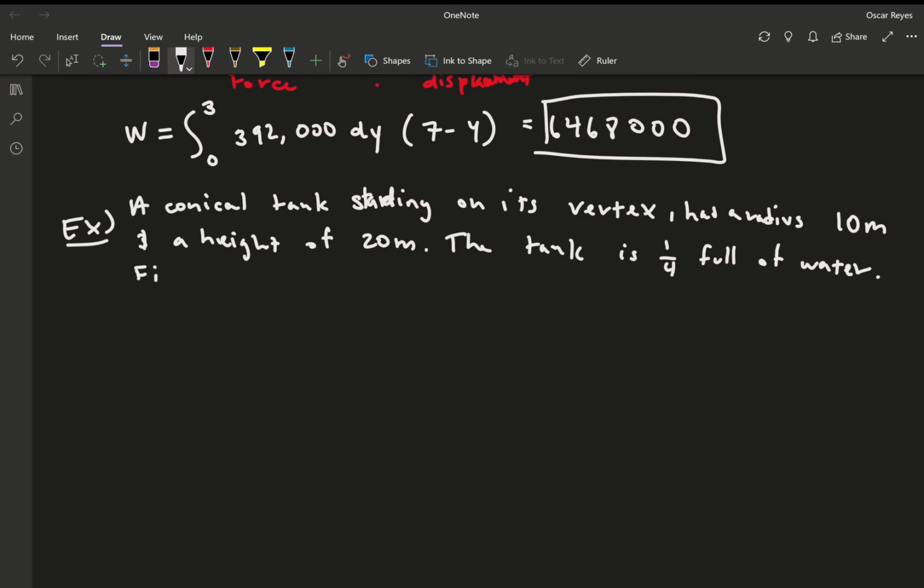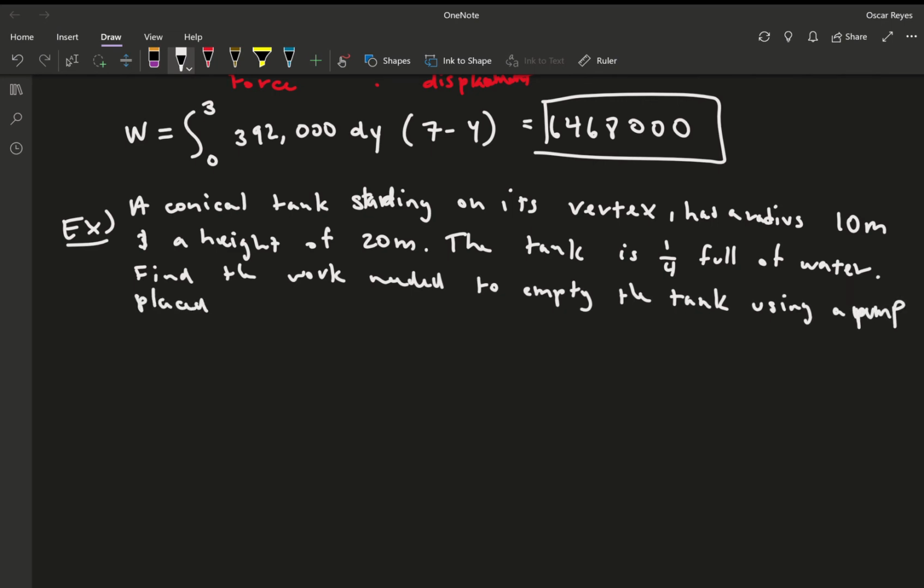Find the work needed to empty the tank using a pump placed 4 meters above the top of the tank.